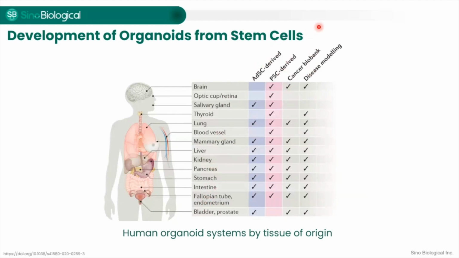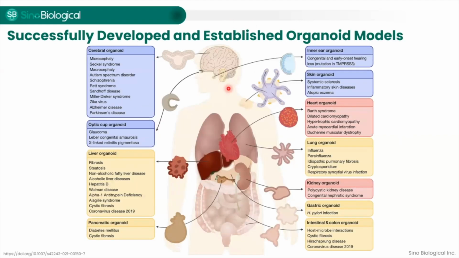And we can see whether they are biobankable and how well they are recapitulating the disease. It is notable here that the majority of the organoids are capable of modeling the disease, and they can be biobanked as well.